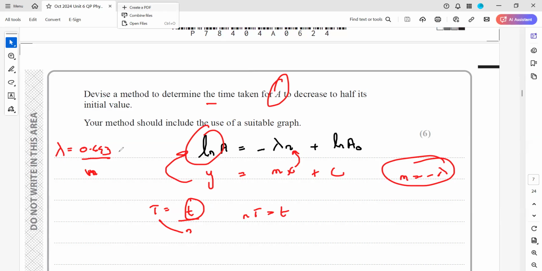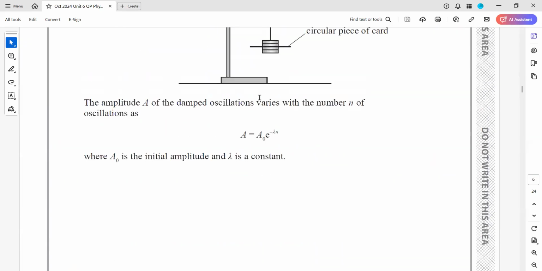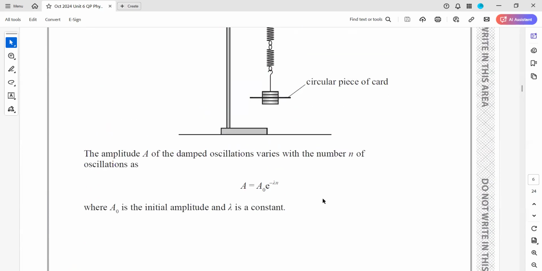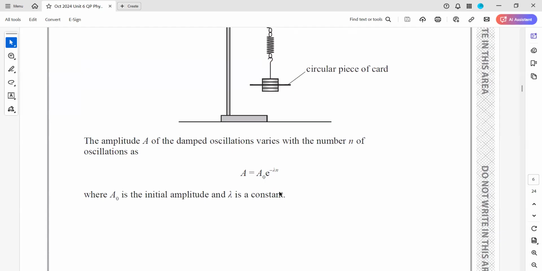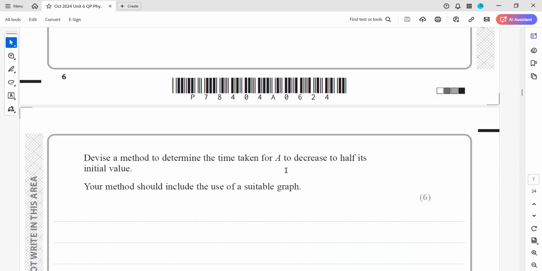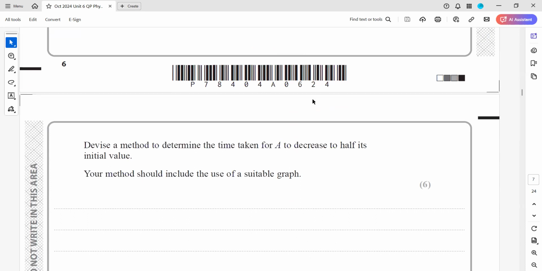Maybe I missed some point here. Just let me check the first part of the question. A is the amplitude, n is the number of oscillations, A naught is the initial amplitude, and lambda is a constant. Devise a method to determine the time taken for A to decrease to half of its initial value.